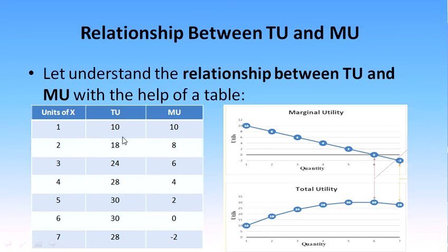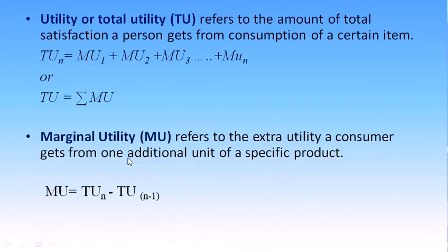This marginal utility is calculated from the simple formula that we have discussed over here. MU is equal to TU n minus TU n minus 1. That means this marginal utility is calculated from total utility, and this n can be any number, and n minus 1 is the previous number from the one we have selected.